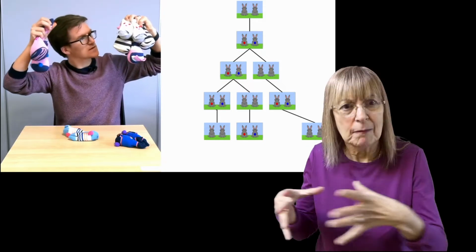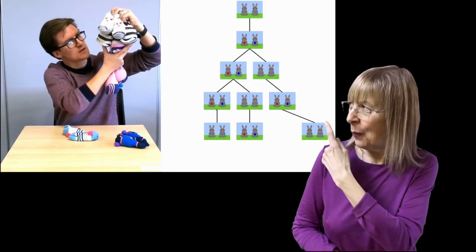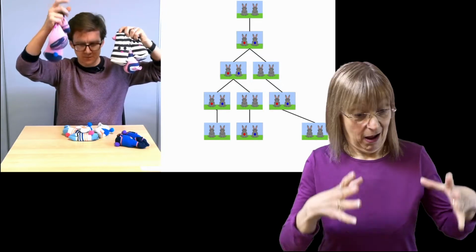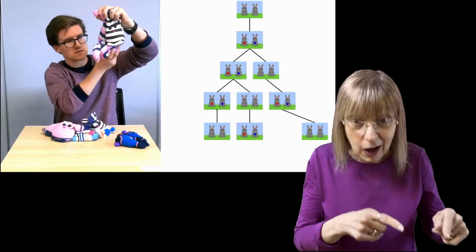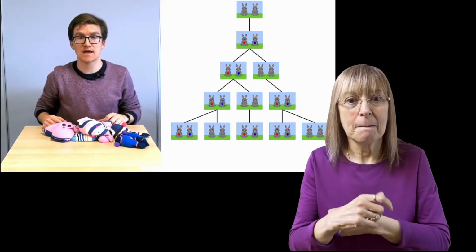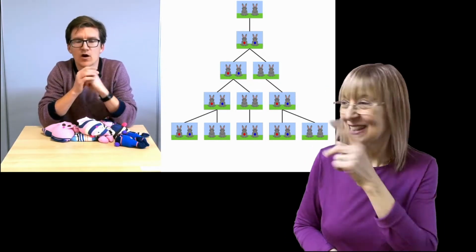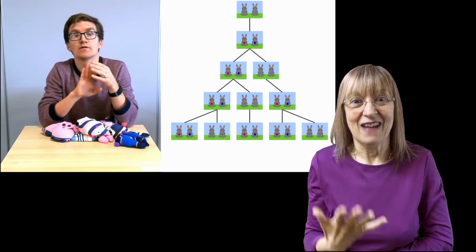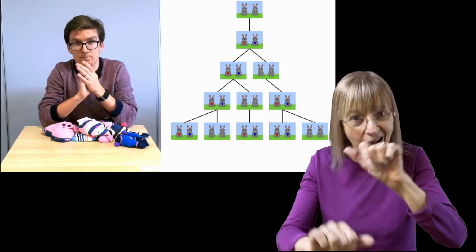A pair of babies, another pair of babies, a pair of grown-ups, another pair of grown-ups, and another pair of grown-ups. That was 5 pairs altogether. So the sequence so far went 1, 1, 2, 3, 5.